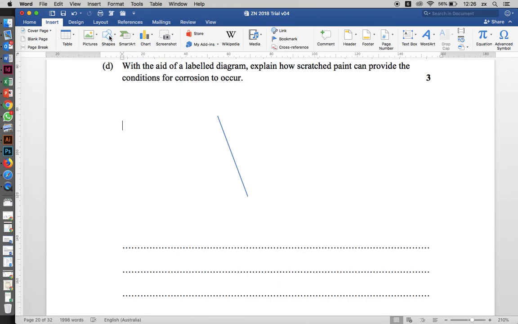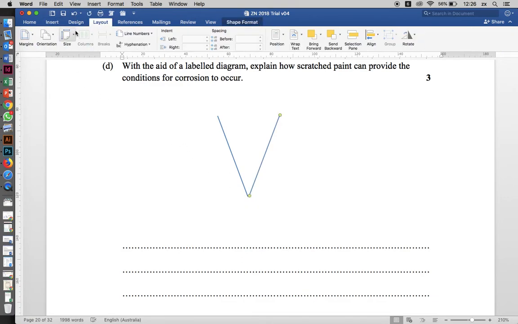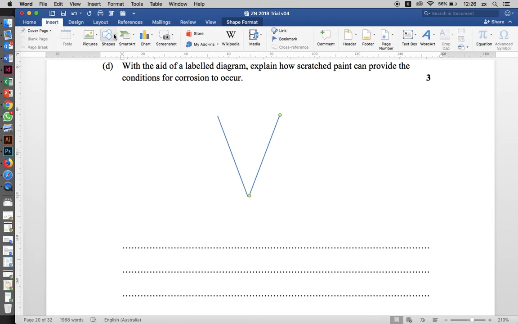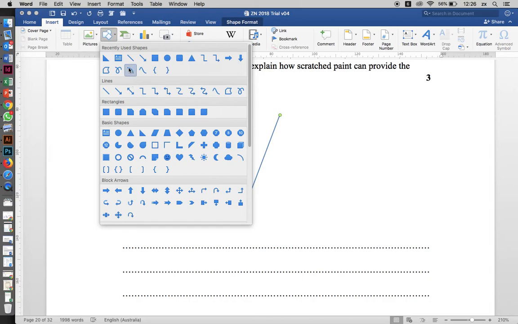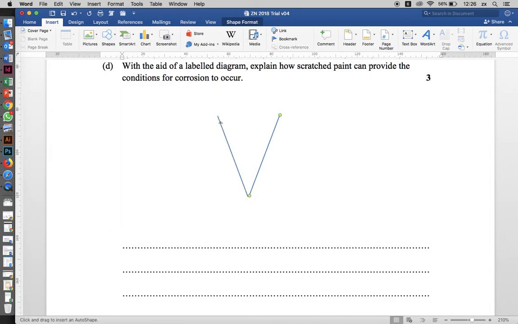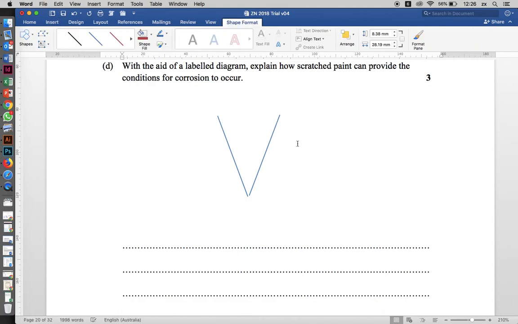Look at me drawing this. I can't believe I'm drawing this. And another line. This represents your cut, your scratch. And then I would draw something for water. That was not what I wanted.